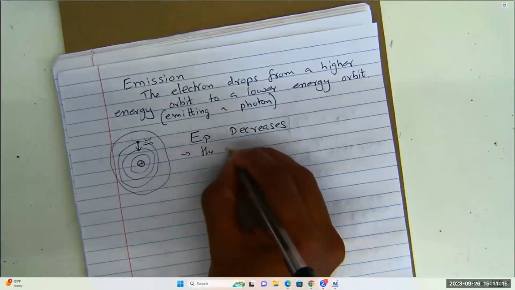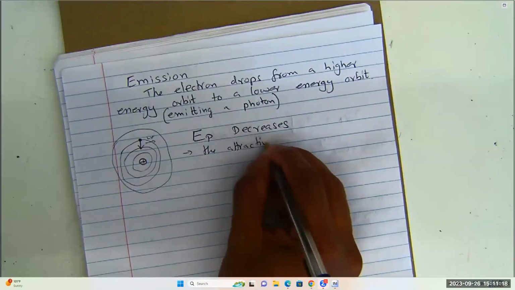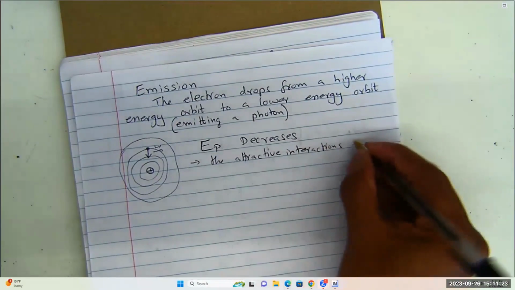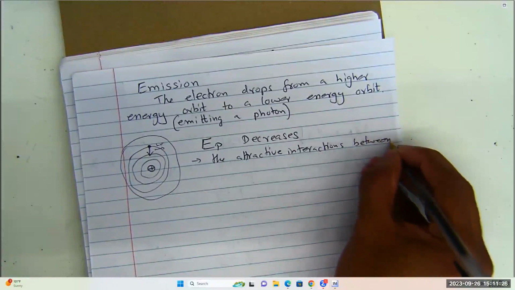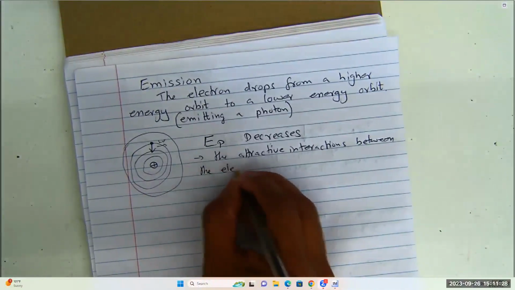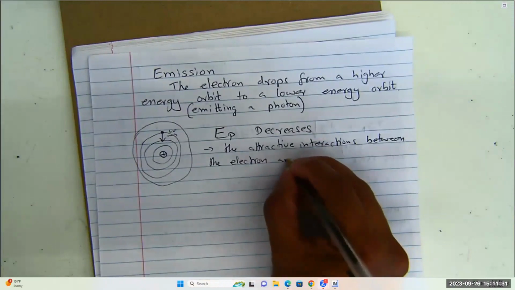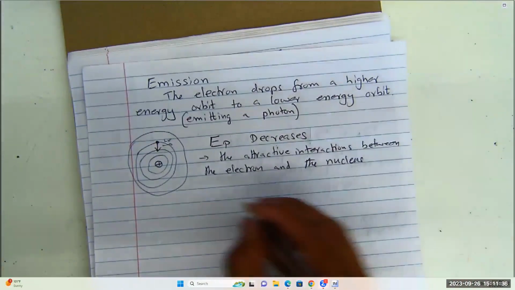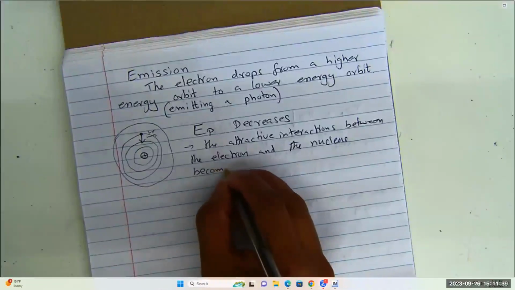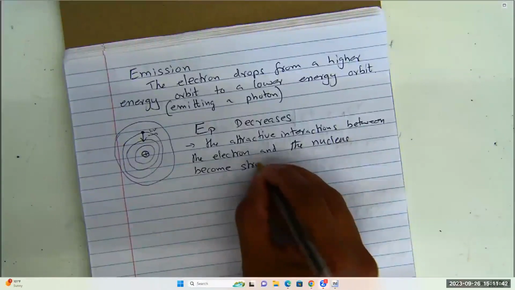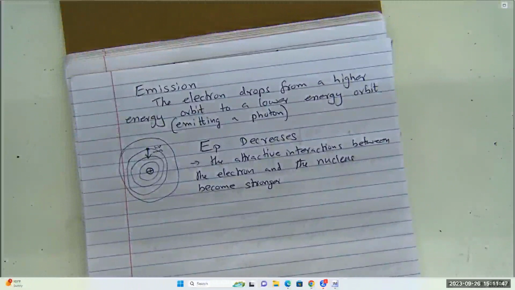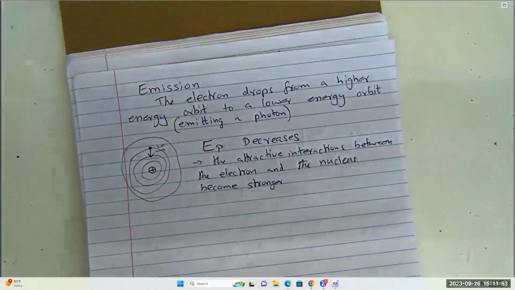The attractive interactions between the electron and the nucleus become stronger when the electron goes closer to the nucleus, right? Stronger. And that's why the potential energy decreases.